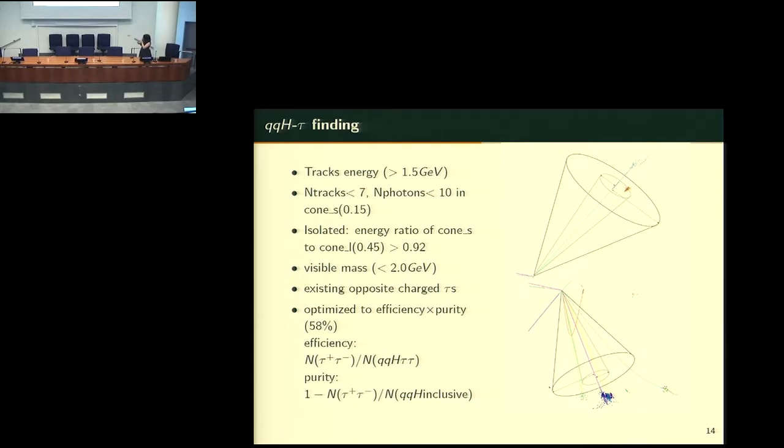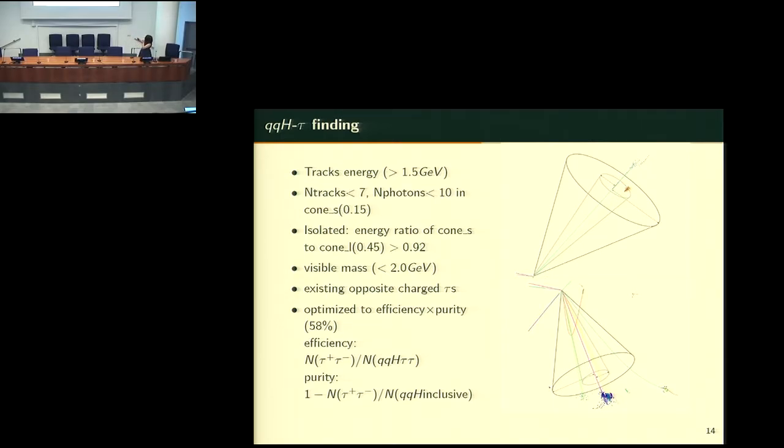So the tau candidate, how do we find the tau candidate? The strategy is to define two cones around the energetic tracks among all the space. The parameters used in this tau finding are the number of particles in the small cones, the invariant mass in these cones, and also the energy ratio between these two cones, which is the isolation condition.